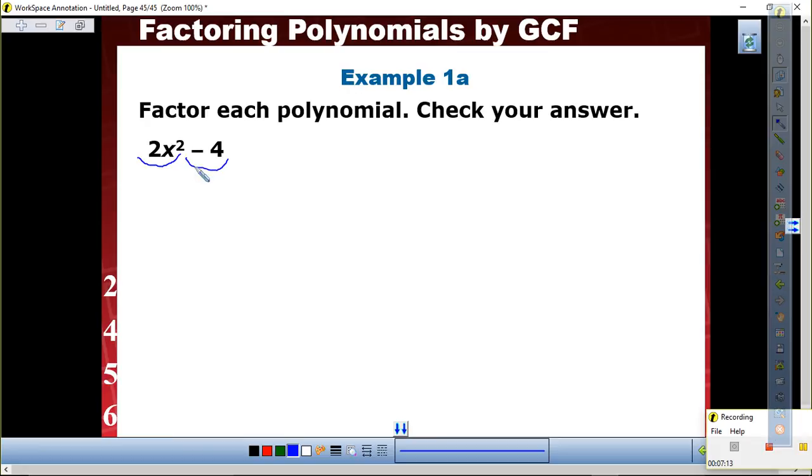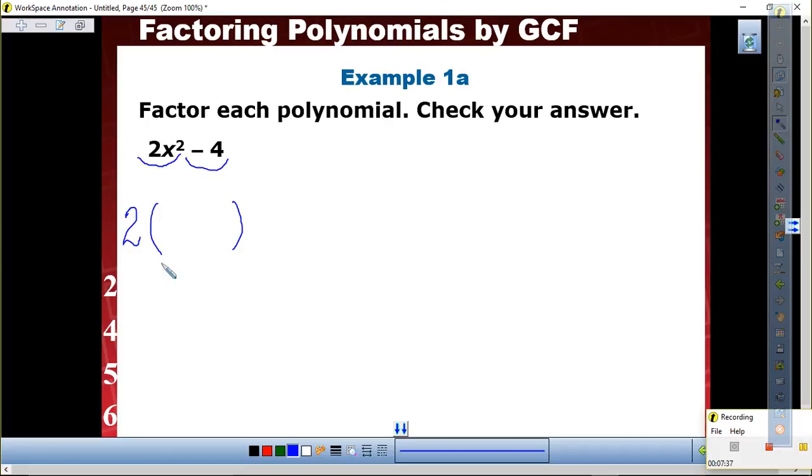Okay. So, by looking at it like that, what number or what factor divides evenly into both terms? That is 2. Now I just need to find my other factor. To find my other factor, I know a process on how to find my other factor.